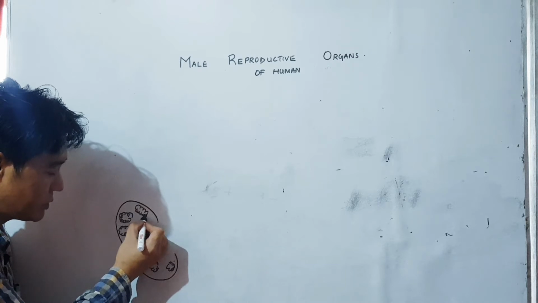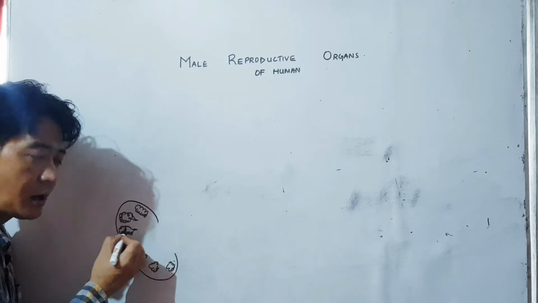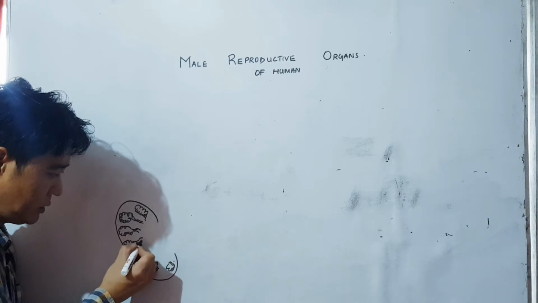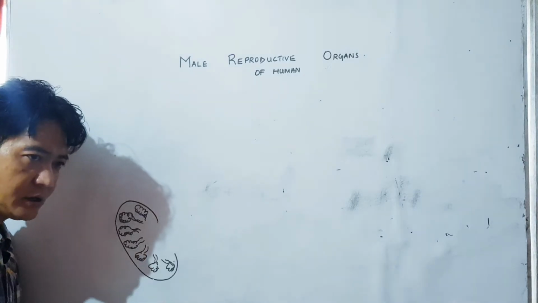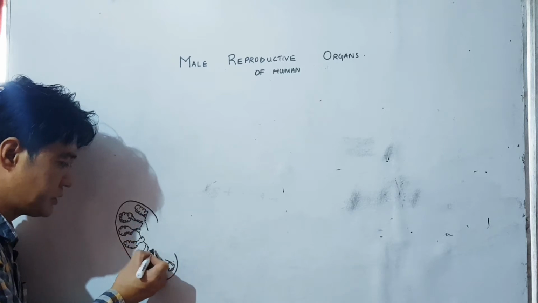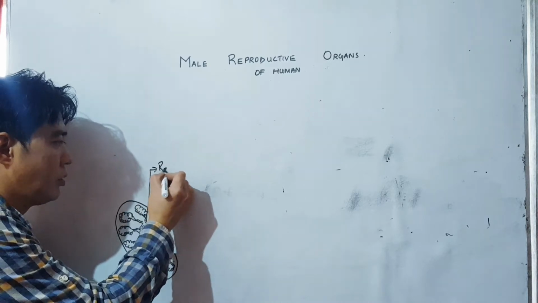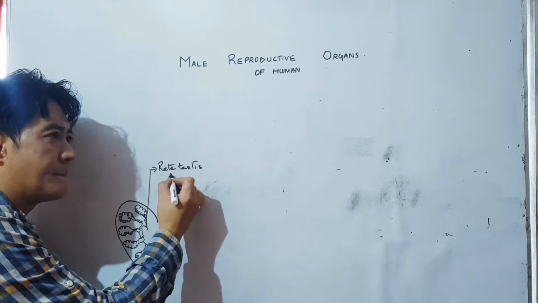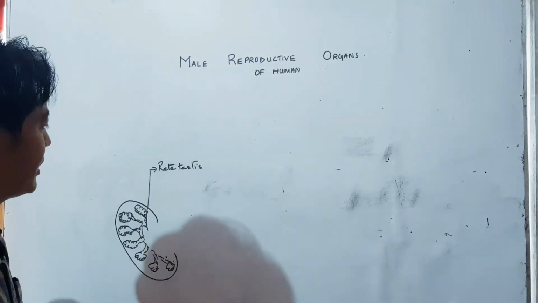All the seminiferous tubules contain some common junction, you can say. Ten to twelve seminiferous tubules contain a common junction, and this junction of seminiferous tubules forms the tubules known as rete testis, or vasa efferentia.